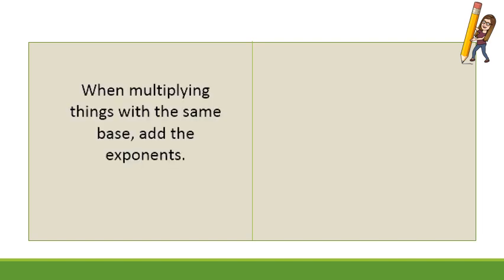So this becomes the basis of our product rule. In your notes it says, when multiplying things with the same base, you add the exponents. So let's draw an example of these exponents off to the right.